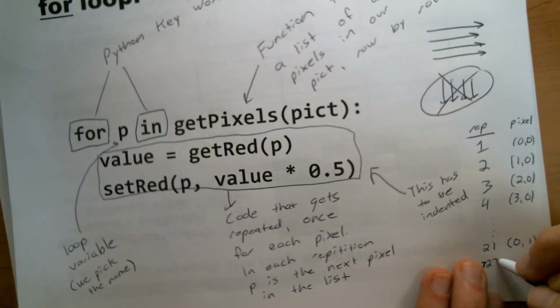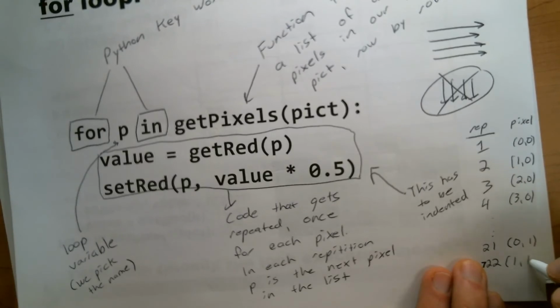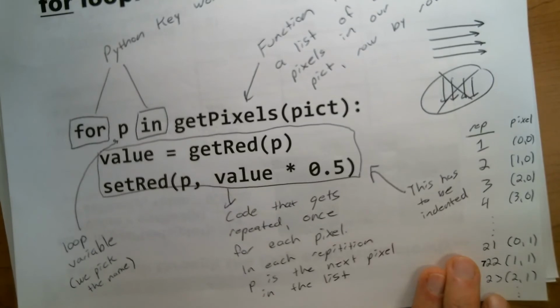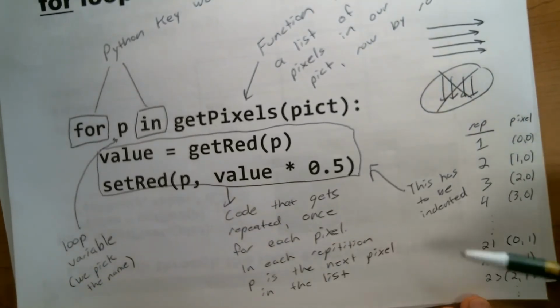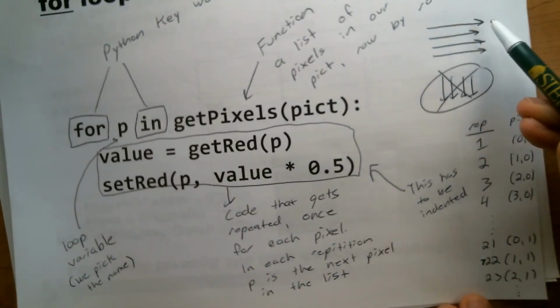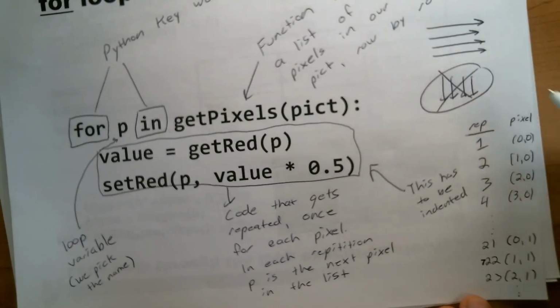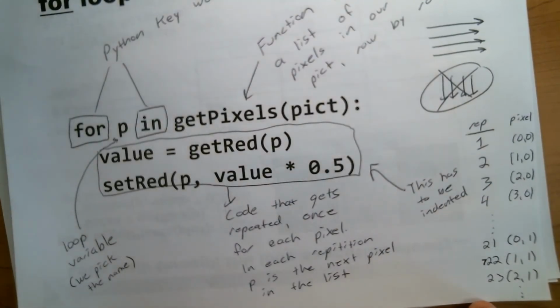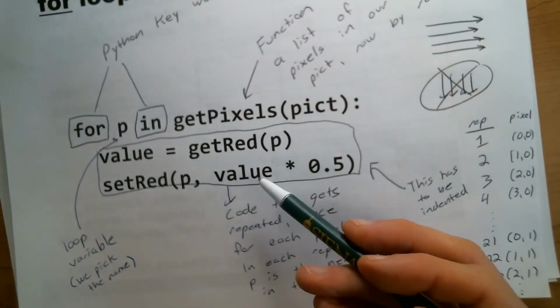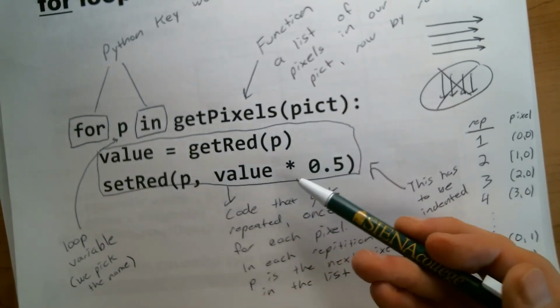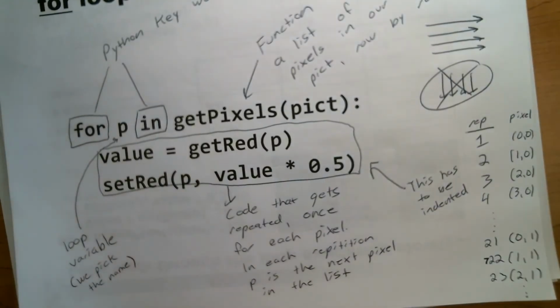And then the 22nd one would be at 1, 1, and then the 23rd one would be at 2, 1, and you would just keep going through the picture again by going across and then down, pixel by pixel by pixel. So again, this is going to run this code that's just reducing the red, with that caterpillar picture almost 50,000 times, but it's going to happen so quickly that it's going to feel pretty instantaneous.